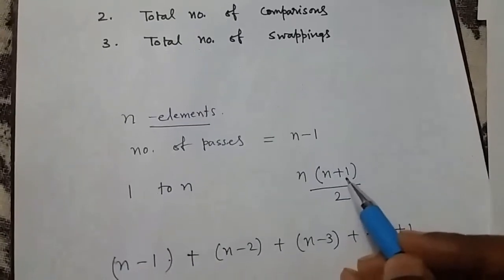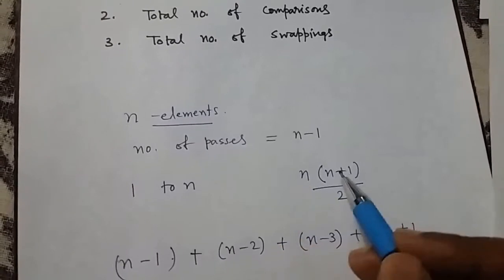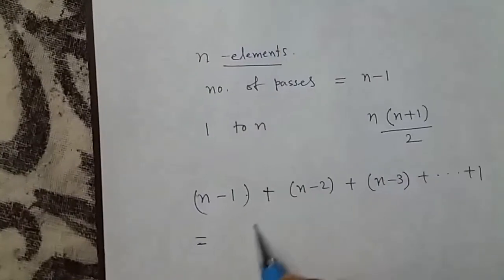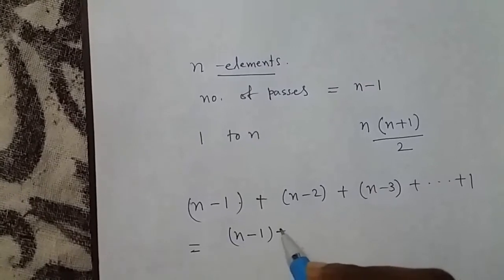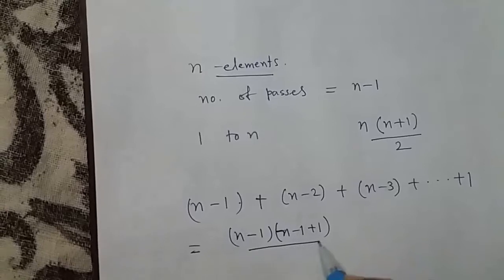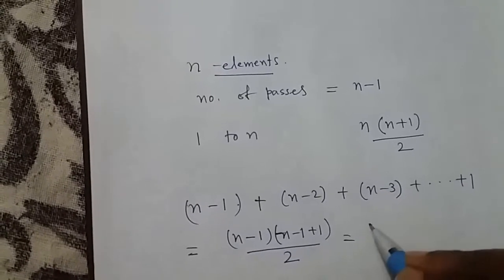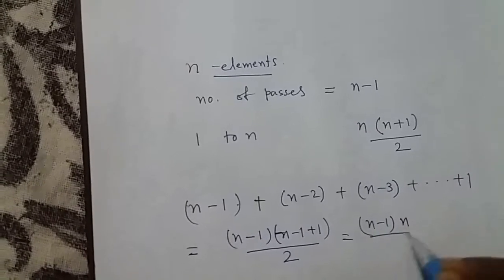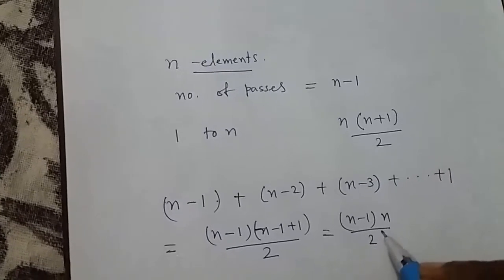So according to this formula, this is the sum of natural numbers from 1 to n, and this is the sum of all the natural numbers from 1 to n minus 1. So I can write here n minus 1 into n minus 1 plus 1 divided by 2, that is n minus 1 into n by 2.